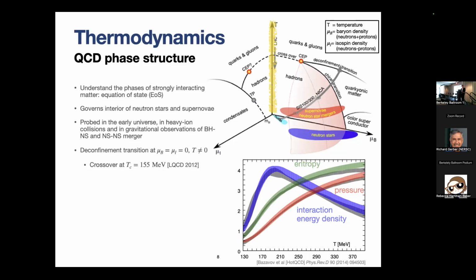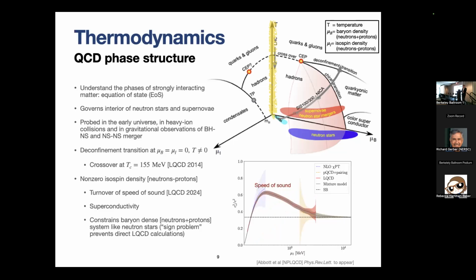And lattice QCD calculations have really shown definitively that at a temperature of about 155 mega electron volts, you find a crossover transition from a phase of hadrons like protons and neutrons to something where the quarks and gluons are basically free. So a gas of quarks and gluons, or a plasma.